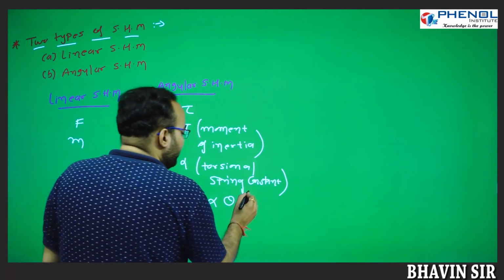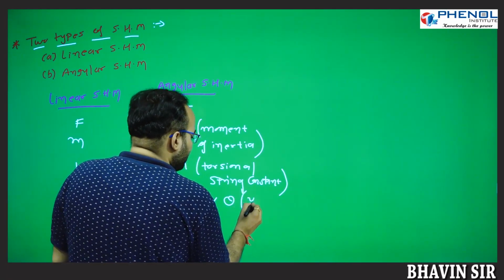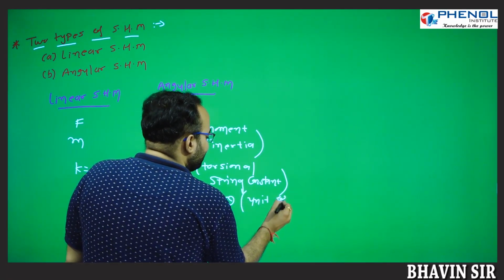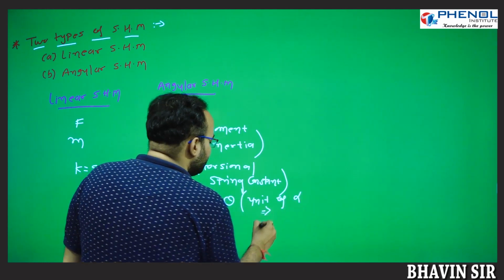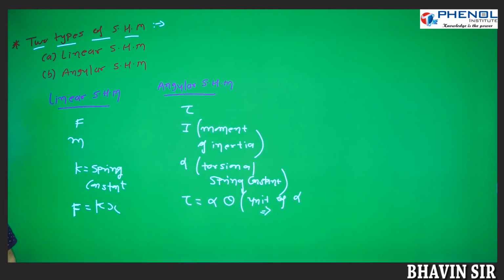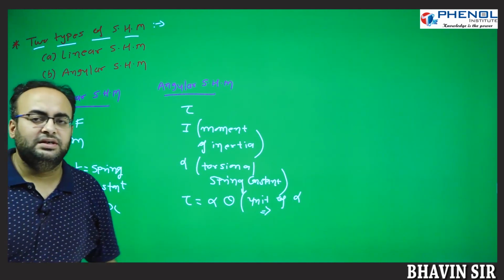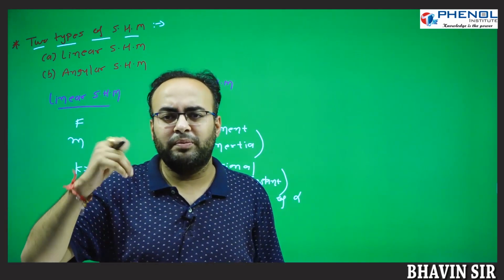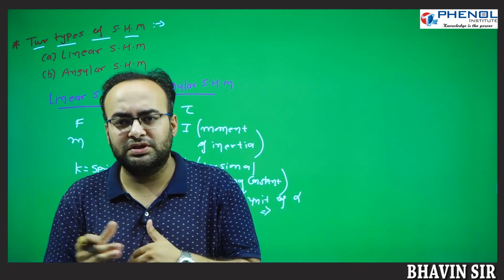Now what is the unit of alpha? The unit will change. See, alpha means torque by theta. What is the unit of torque? Torque is perpendicular distance into force.